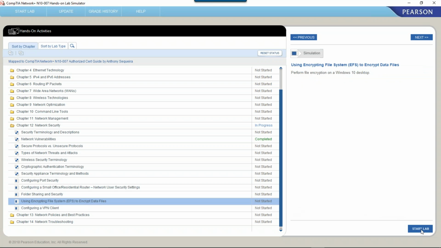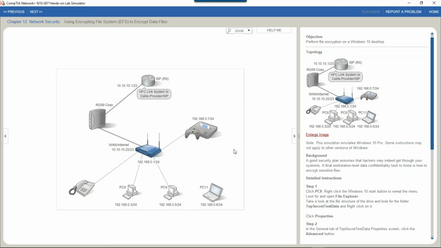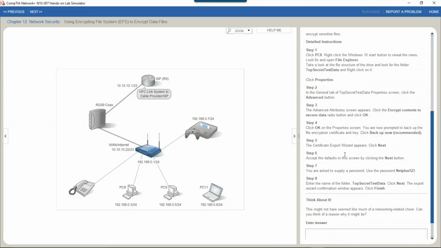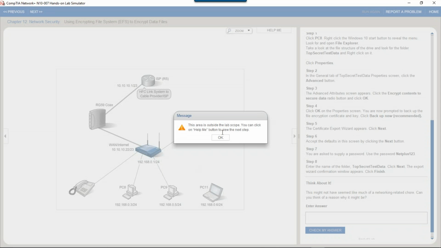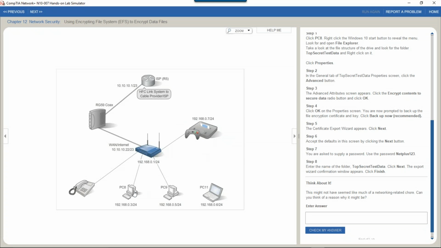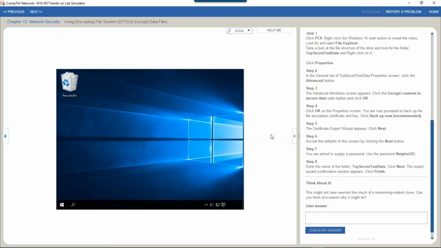This one here, let me see what this activity is actually. Yes, see this, I think this is just... I don't know if they want click on PC8. Okay, so yeah, I'm not sure. This is just encrypting the file system using EFS.